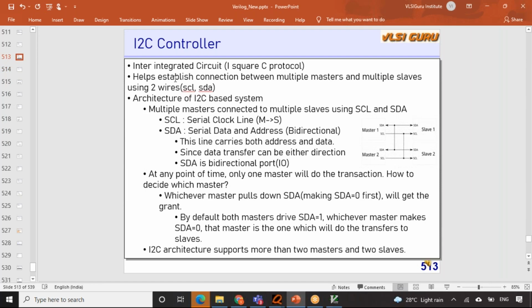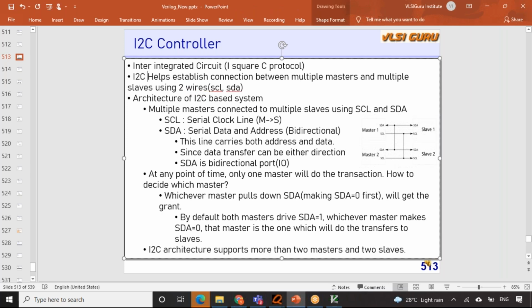I2C helps establish connection between multiple masters and multiple slaves using 2 wires. So what is the advantage of the I2C protocol? It only requires 2 wires: SCL and SDA. SCL stands for serial clock line. SDA stands for serial data and address line.